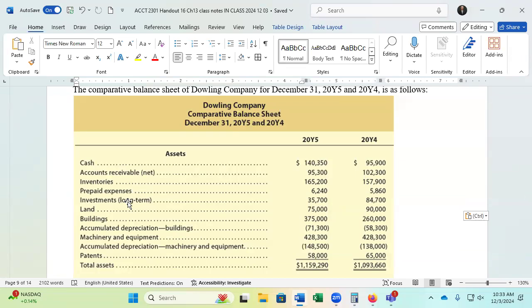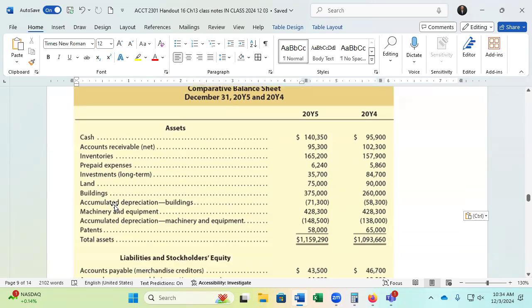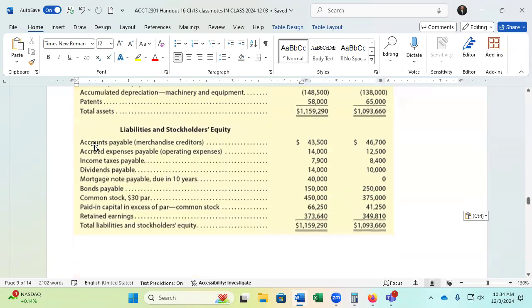Come on, one of you has to get this. In investing, right? So that's not an operating account. Then we have property, plant, and equipment, and intangibles. The only operating accounts we have are accounts receivable, inventories, prepaid expense, and investments. But you want the change in cash because that tells you how much your change in cash flows were. For liabilities and stockholders' equity, we have accounts payable and accrued expenses, and then income taxes payable.